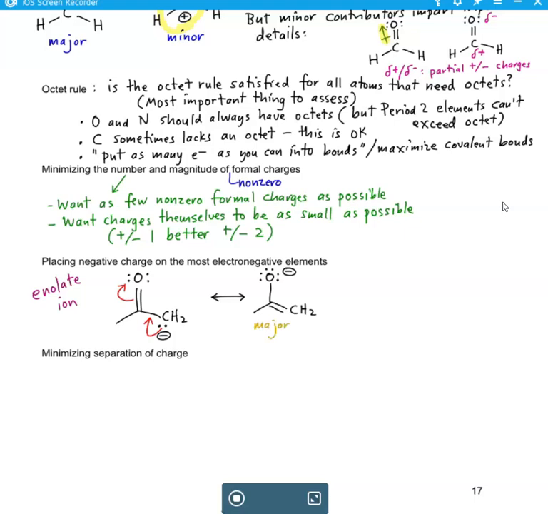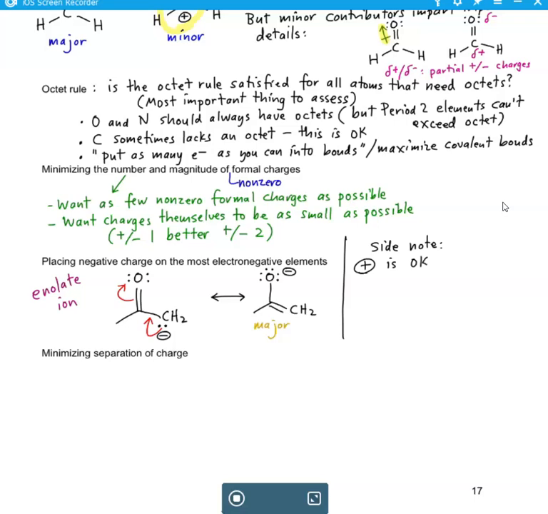So when possible, you want to get the negative charge on the most electronegative elements you can. Now, as a side note, since we're talking about charges, people get a little bit worried about positive charge. So let's make a note about that. This is where people get messed up.